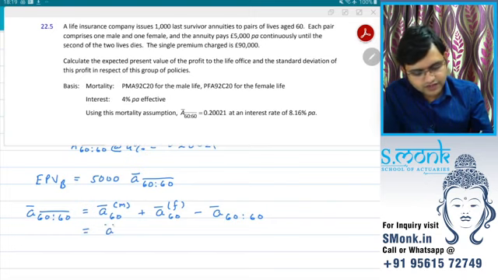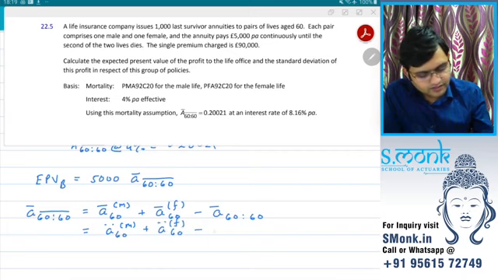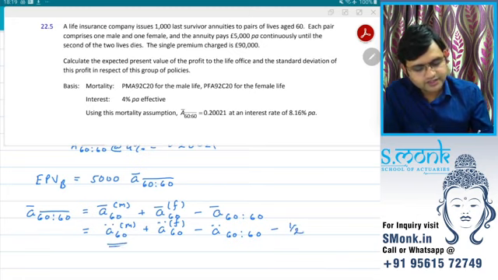So we'll have ä_60 male plus ä_60 female minus ä_{60:60}, and minus half from here, and then because here I have minus, I will get plus half. So basically I am left with only minus half. That is only what will be left. Minus half and plus half from here.